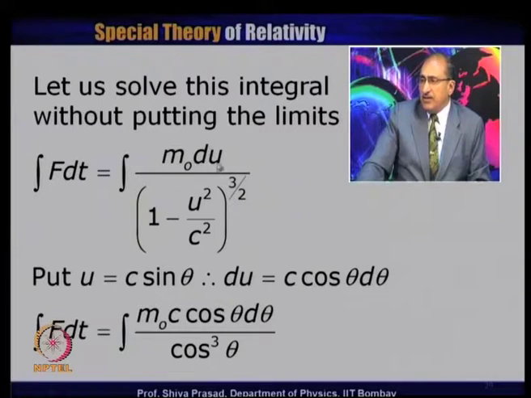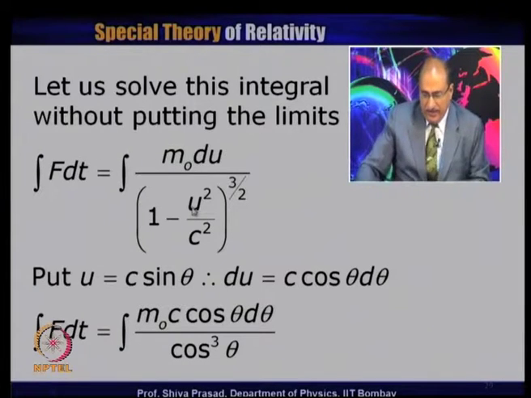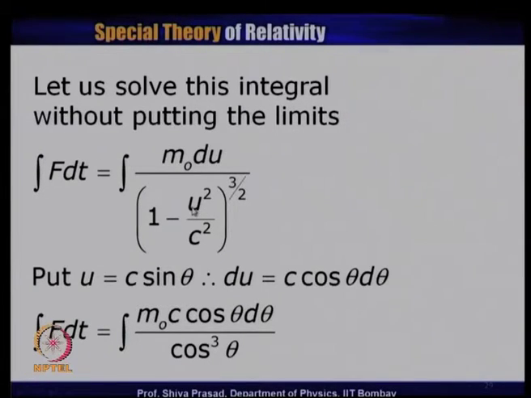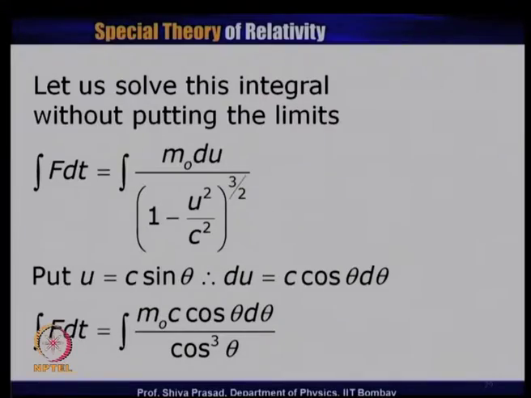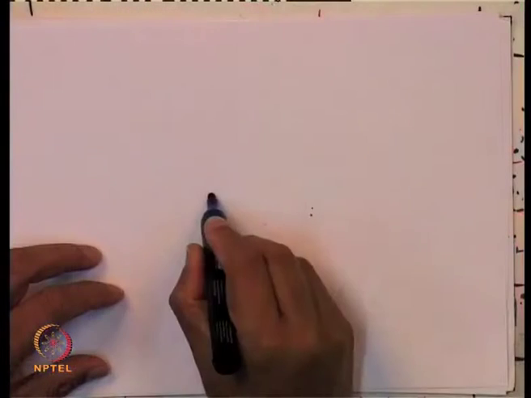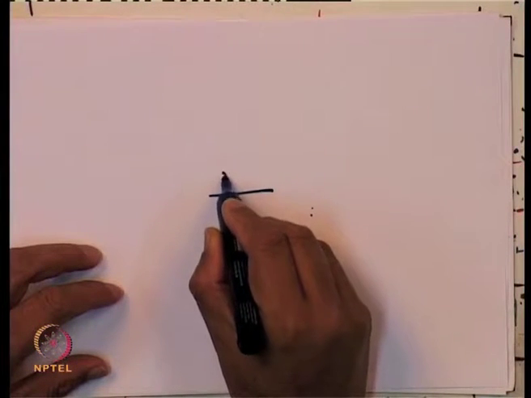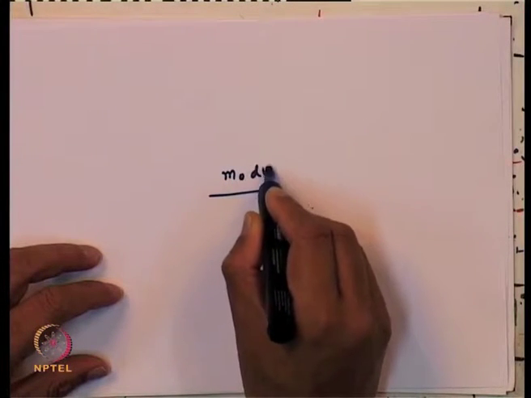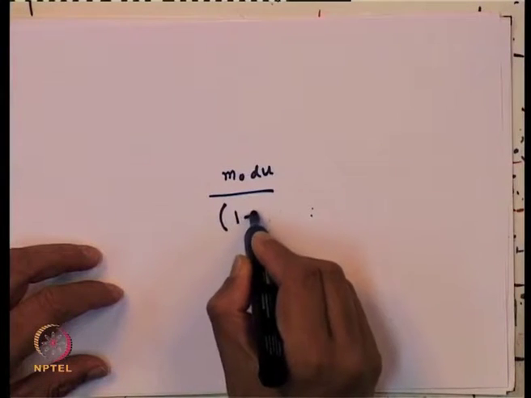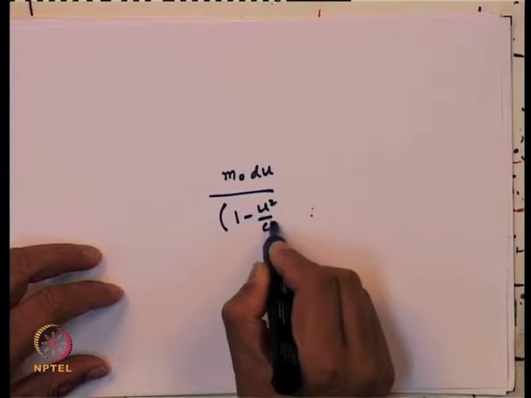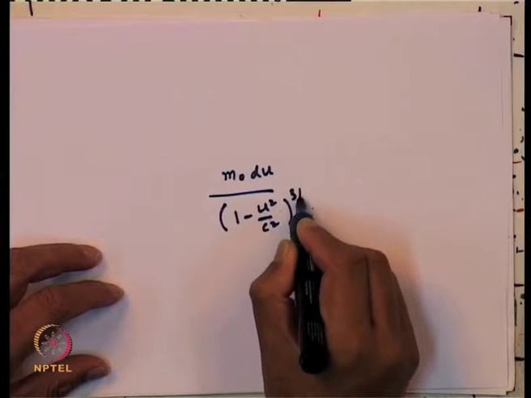This du is now being replaced by c cos theta d theta, a very simple integral. For u square, I am putting c square sin square theta. Let me write it here to make it clear. In the denominator, we had m naught du, and here we had 1 minus u square by c square to the power 3 by 2.